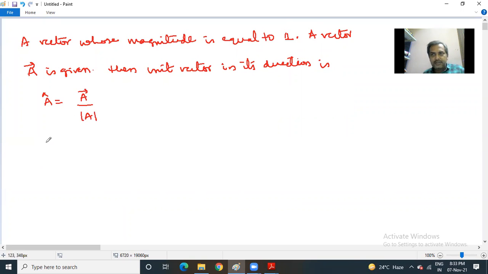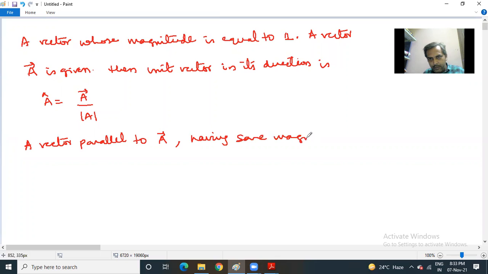Then we have also discussed that a vector parallel to A bar, having the same magnitude as that of vector B, is mod of B with A cap.